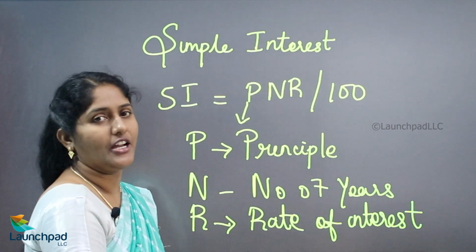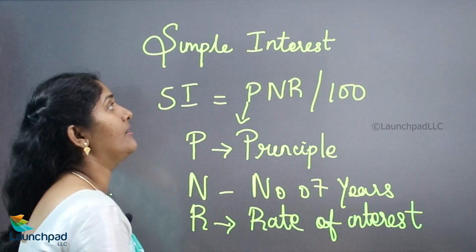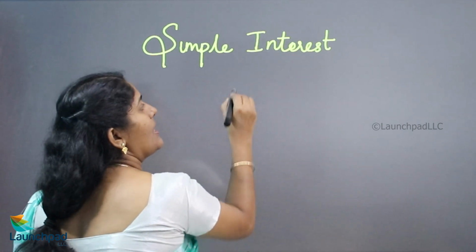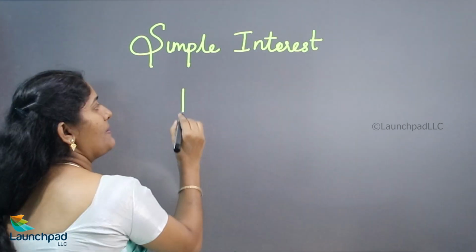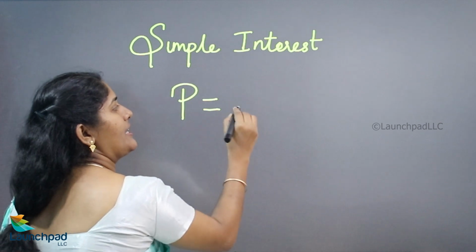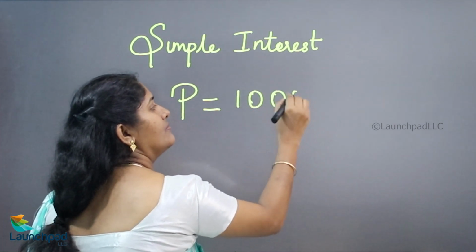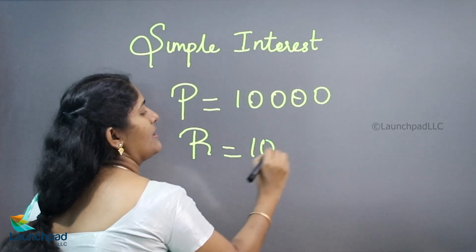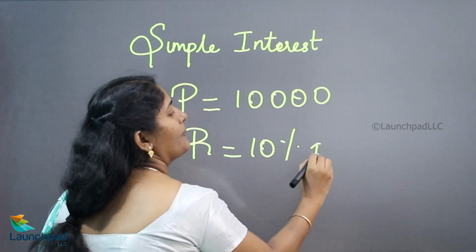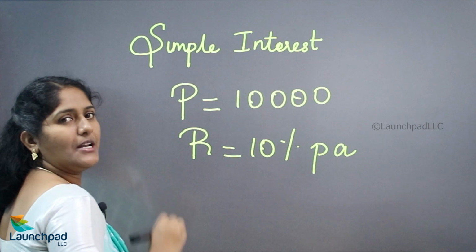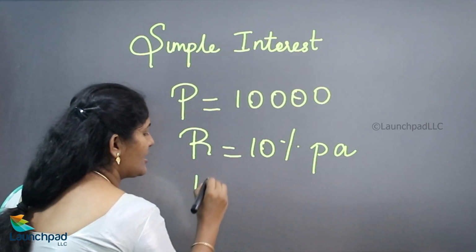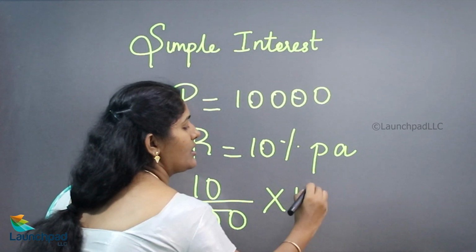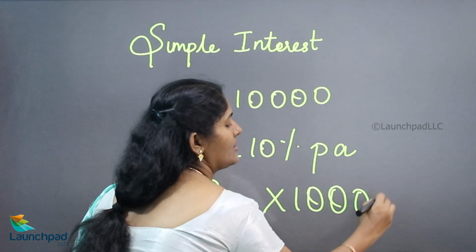We have another idea also. For example, the principal amount is 10,000. Here, our rate of interest is 10% per annum. What is 10% of 10,000?